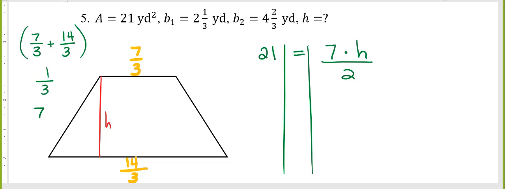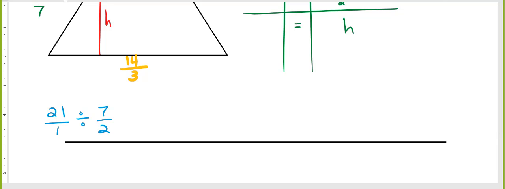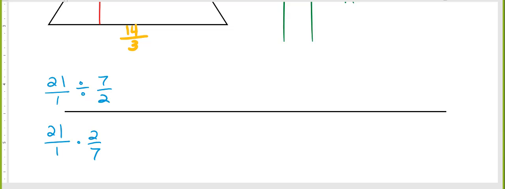Okay, to get the h by itself, I need to divide both sides by 7 over 2. So h will equal 21 divided by 7 over 2. So you do 21 over 1 times 2 over 7. The 7 will go into 7 and 21.